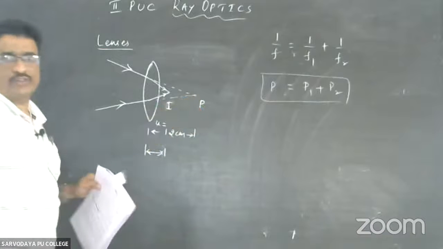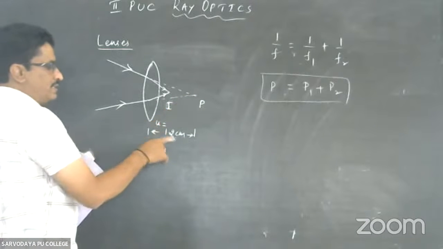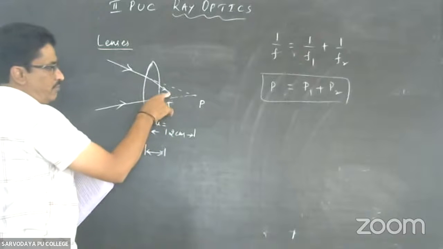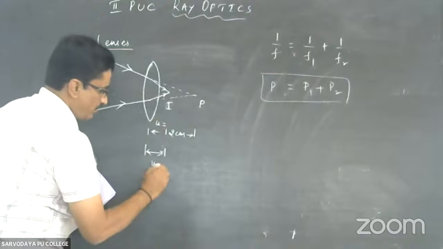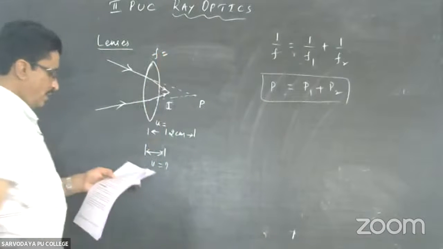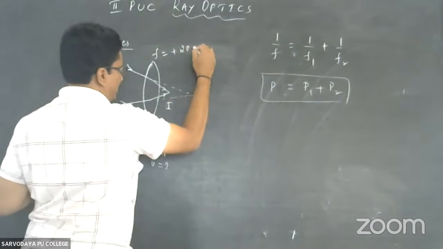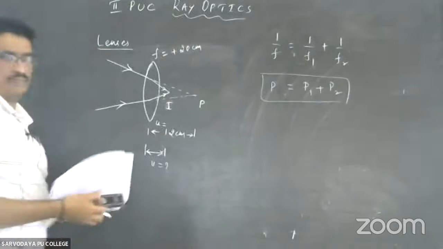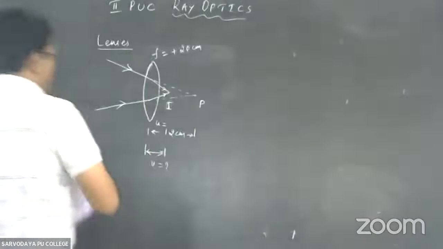It is working like a virtual object, and the object distance is 12 centimeter, but its real image is being formed at the point I. Therefore, this is v, and we have to find this one. Focal length has been given, and the focal length is 20 centimeter. It is plus 20 because it is a convex lens. This is the first part of the problem.